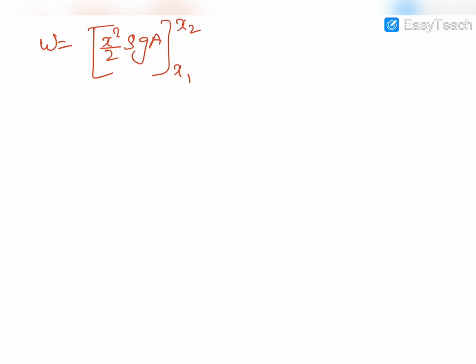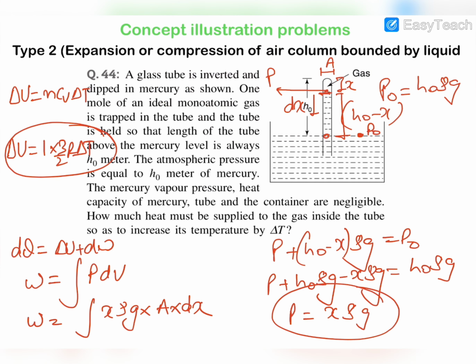Let us see that the initial temperature was P1 V1 upon R, because the number of moles is 1. So we can say that this is T1, and it is P1 V1 upon R, and P1 was the initial pressure of the gas.